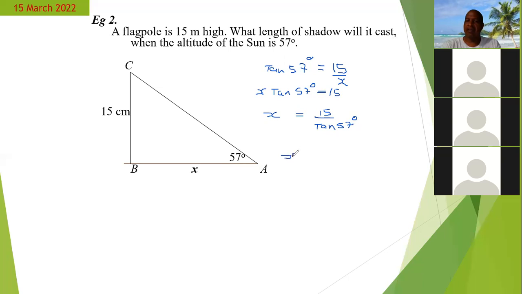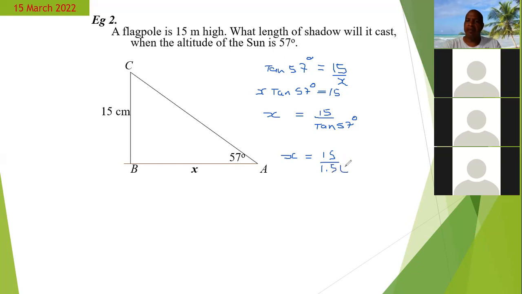So x is equal to 15 divided by what? What is tan 57? Sir, I got 1.54. All right, good, 1.54.